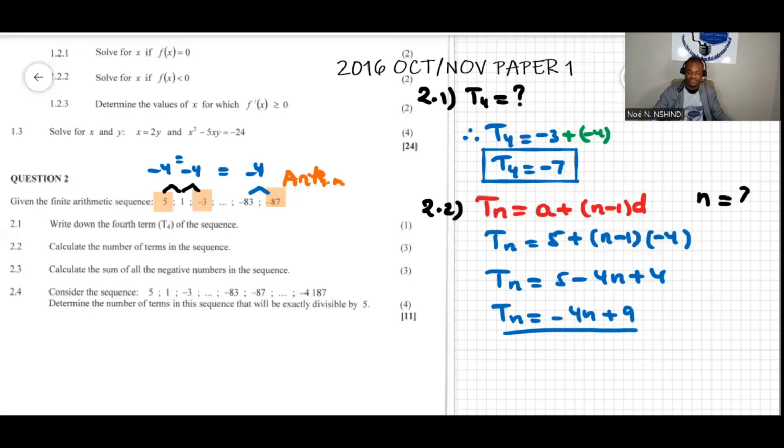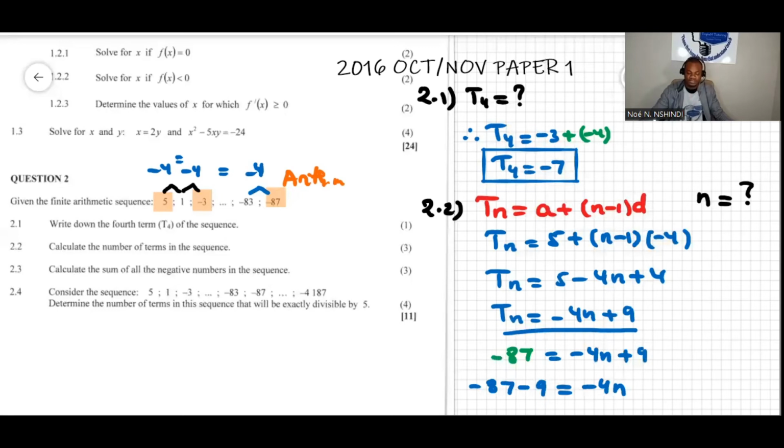The value of n will determine the number of terms. So I'm going to write here -87 will be equal to -4n plus 9. If I move the 9 over, that will make -87 minus 9 equal to -4n, and -87 minus 9 is equal to -96.